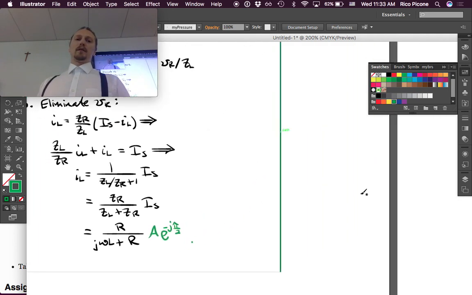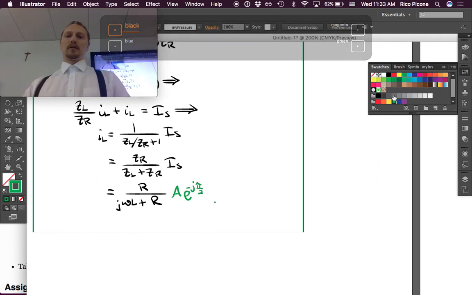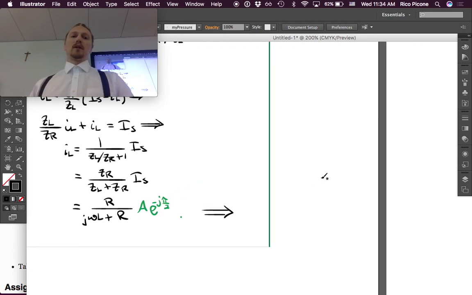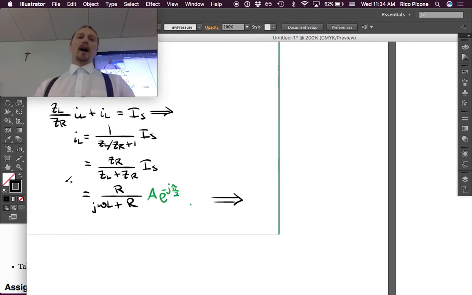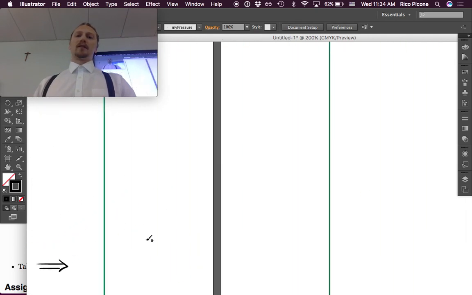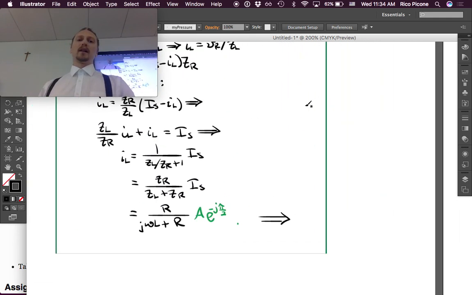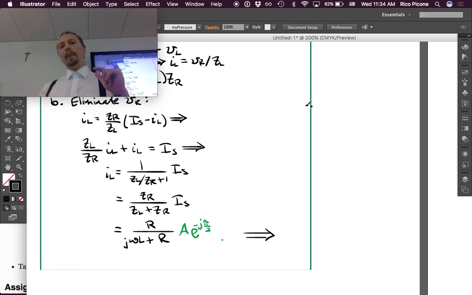So I will switch back to black now and go to the next page. So we're writing IL equals things, right? So I will write IL equals, and let's come back here and write this denominator and this numerator in phasor form too, because we're multiplying and dividing things.